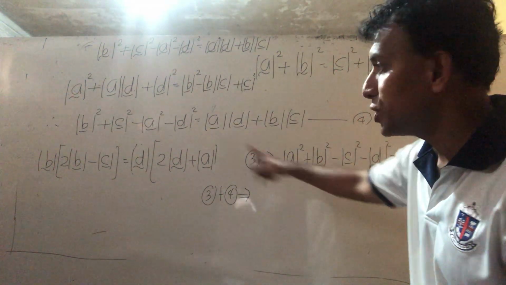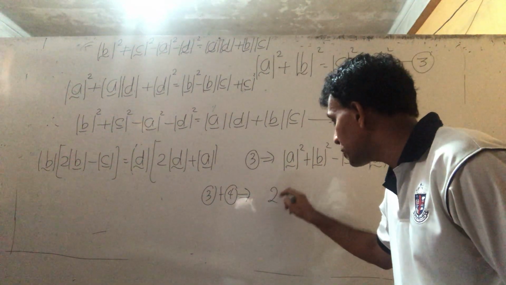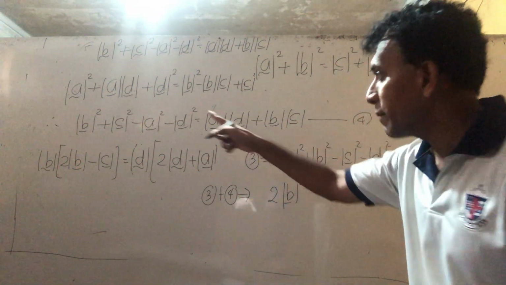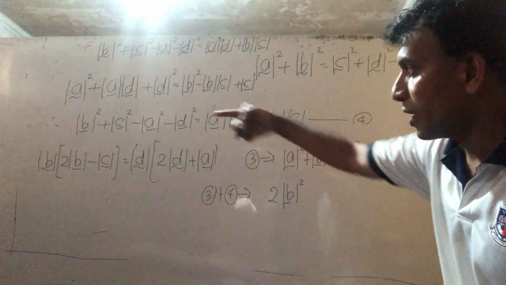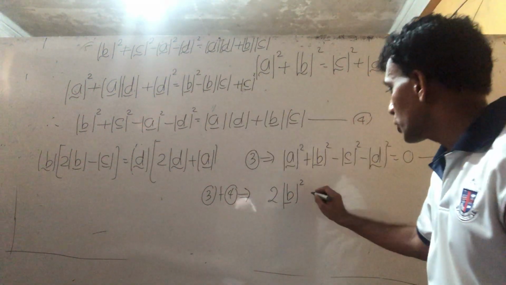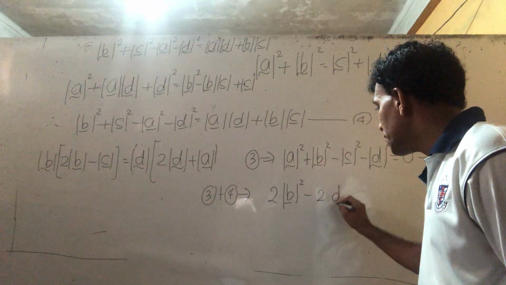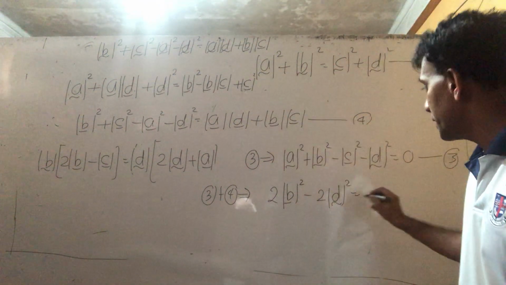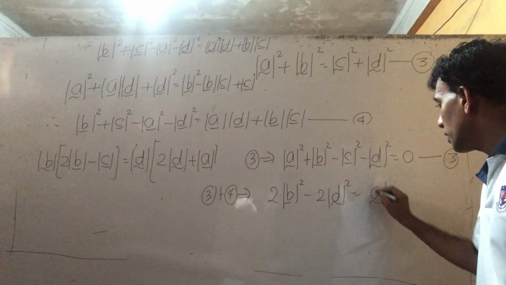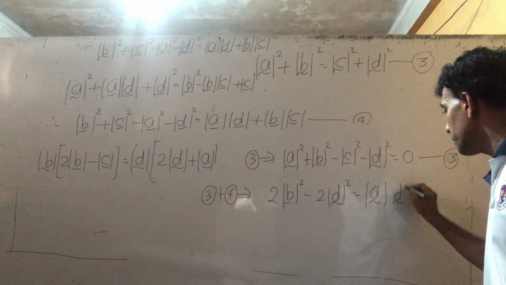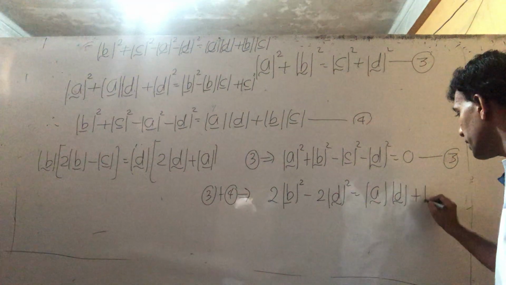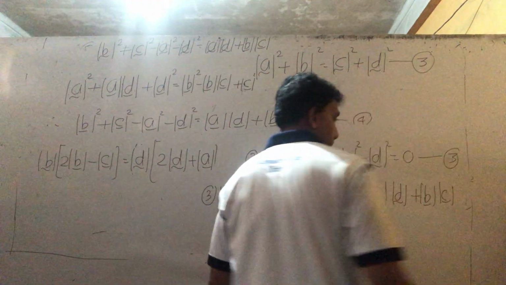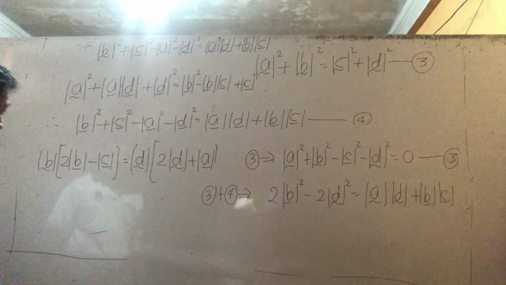Okay, mod B square, 2 times mod B square. C square cancels. D square minus, 2 times D square, mod D square. The other side, mod A mod D plus mod B mod C. Okay, now see the answer.